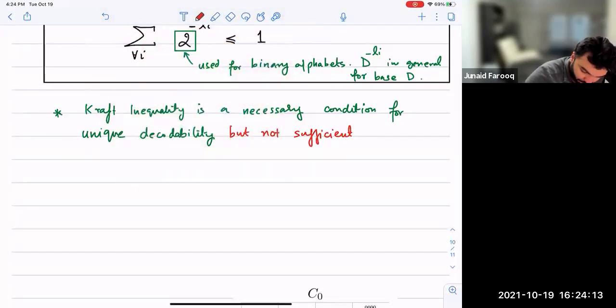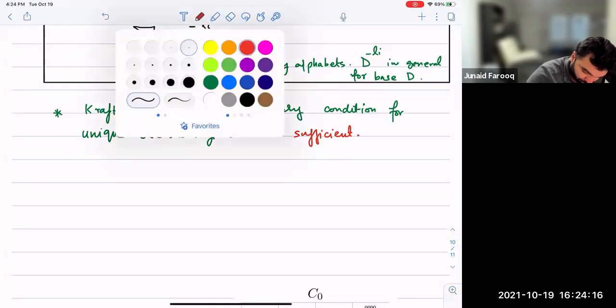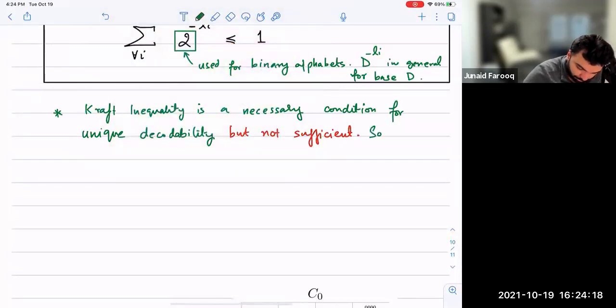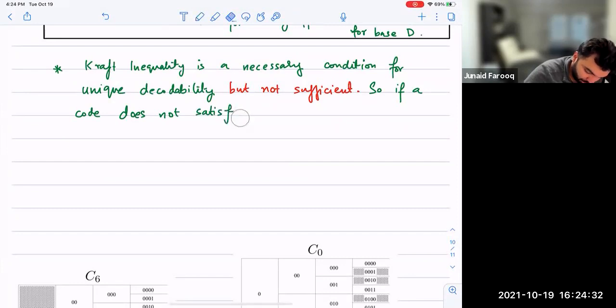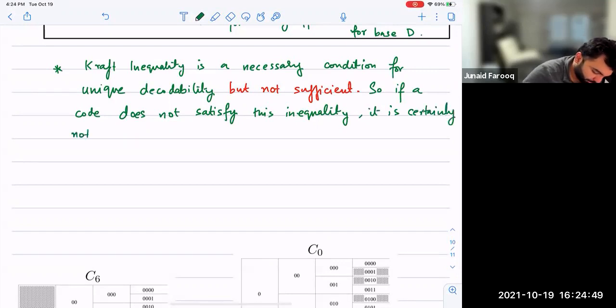In other words, if a code does not satisfy this inequality, then it is certainly not uniquely decodable.